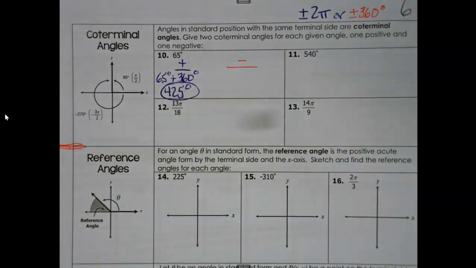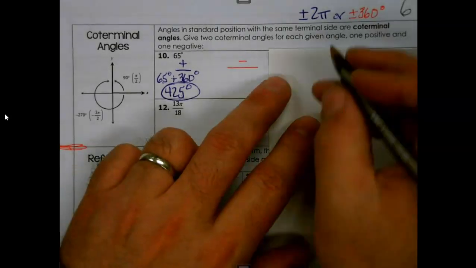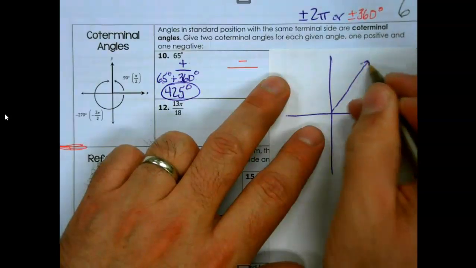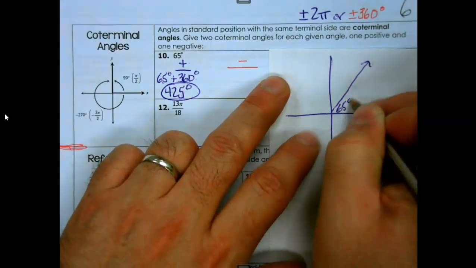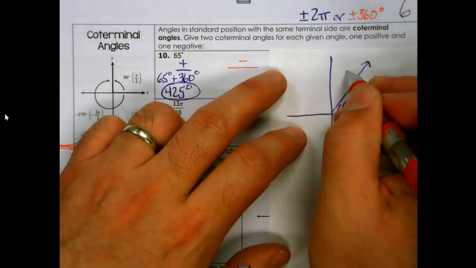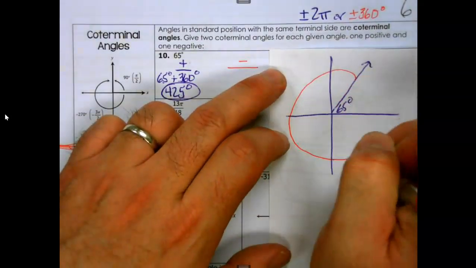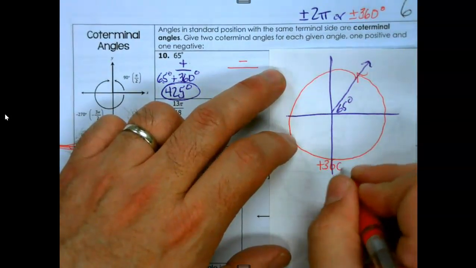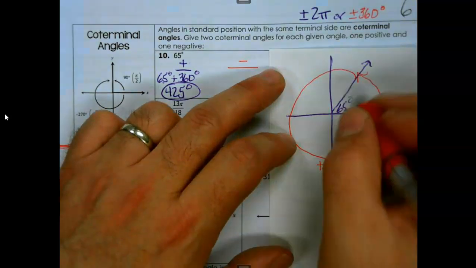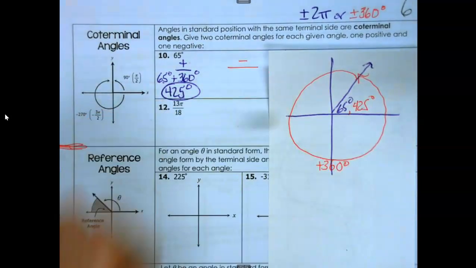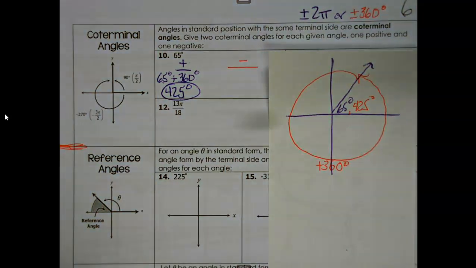It's like if you were to have a 65 degree angle, and I rotated this all the way around in a circle. In other words, I added another 360 degrees and came back to the beginning. That same angle would now be 425 degrees.